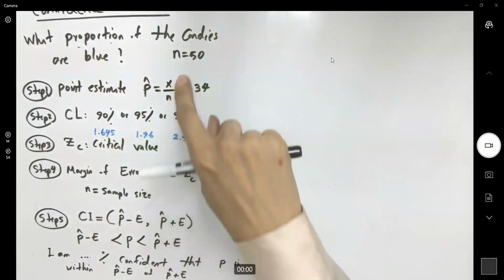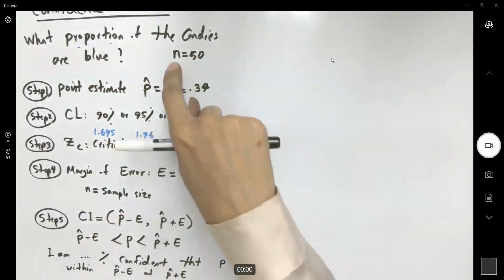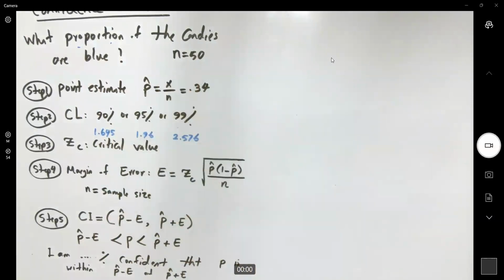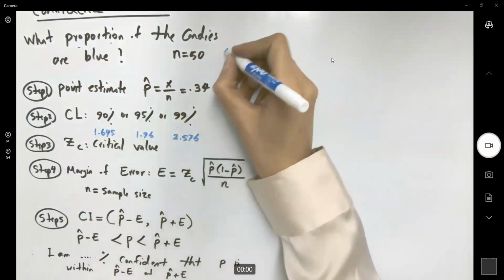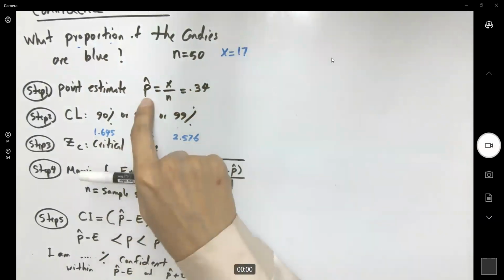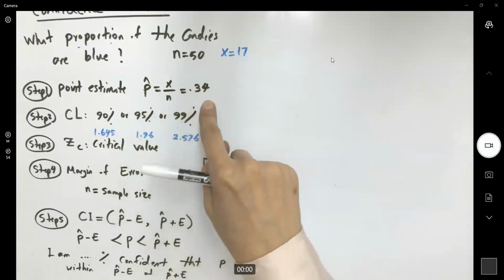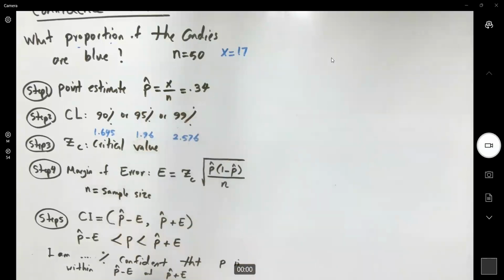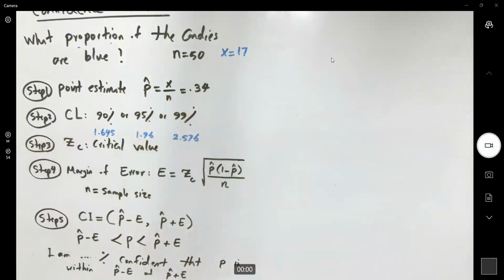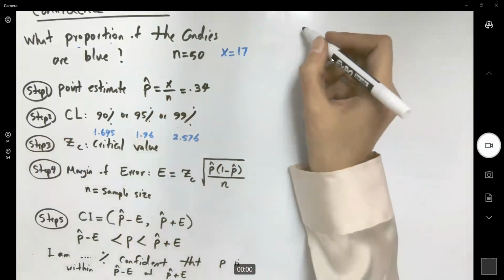Remember that we took a sample of 50 candies and 17 candies were blue. X was 17. Then we divide them to get 34% blue candies in the sample.